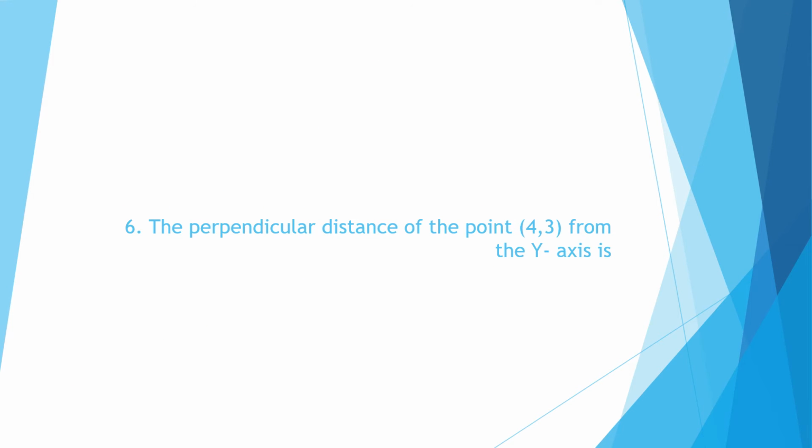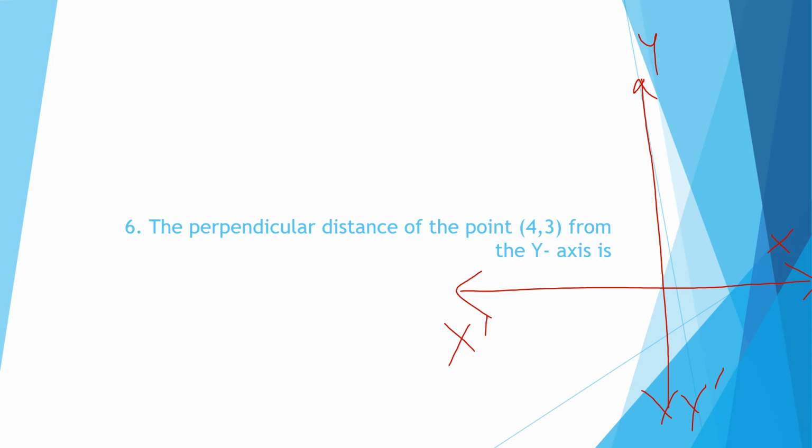Question number 6 is, the perpendicular distance of the point 4, 3 from the y-axis is. For this, let us make a coordinate axis, y dash, x dash, intersecting at point O. Let 1, 2, 3, 4 on x and 1, 2, 3 on y: on x it is at 4 and on y it is at 3.